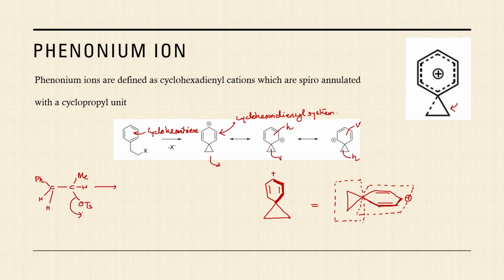When this goes out, okay, यहां पे एक कार्बोकैटायन ऐसा कुछ बनता है. This Ph comes over here and it looks like this.